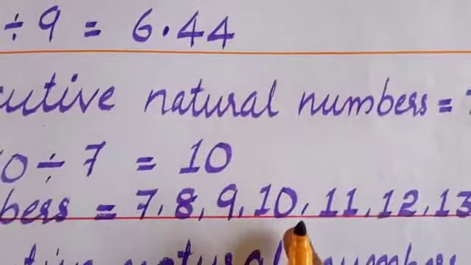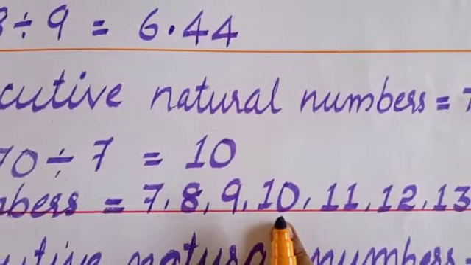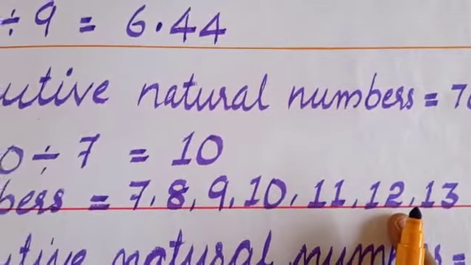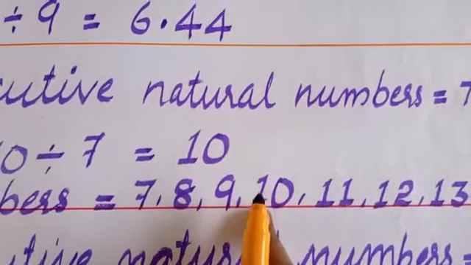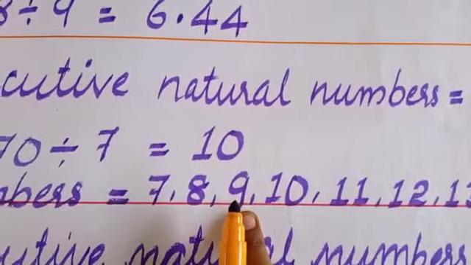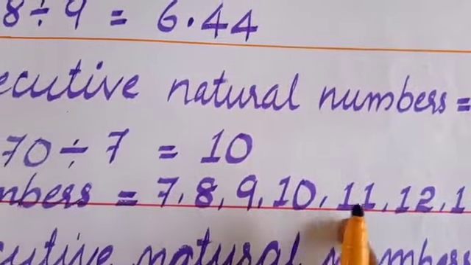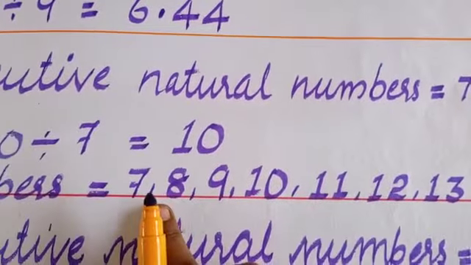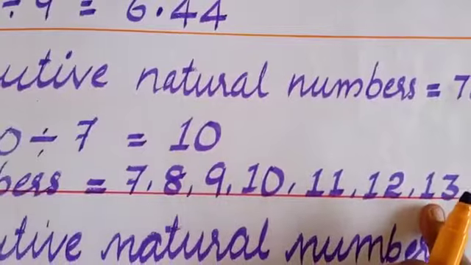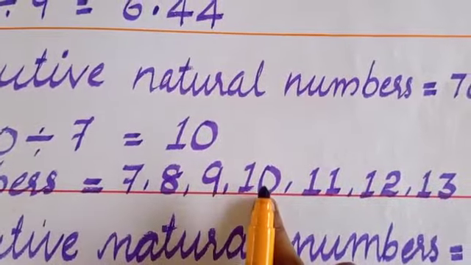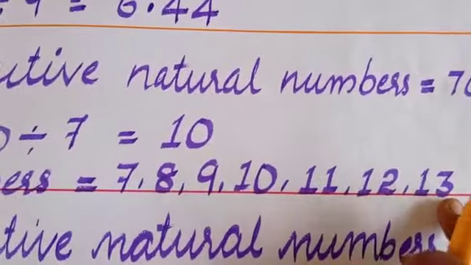Then 3 numbers left and 3 numbers right. If 10 is the middle number, the left hand numbers are 9, 8 and 7. The numbers on the right are 11, 12, 13. So the 7 consecutive natural numbers are 7, 8, 9, 10, 11, 12 and 13.